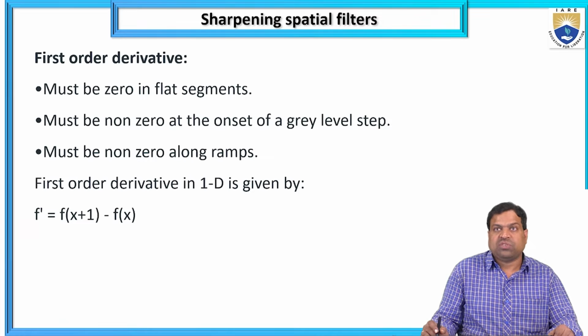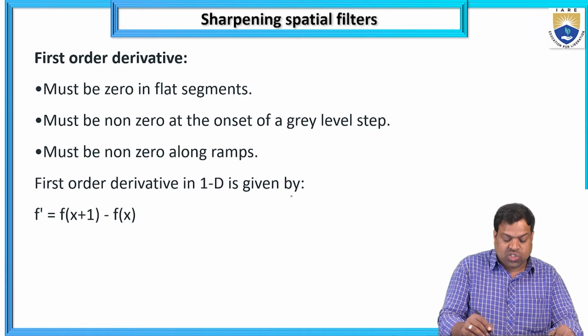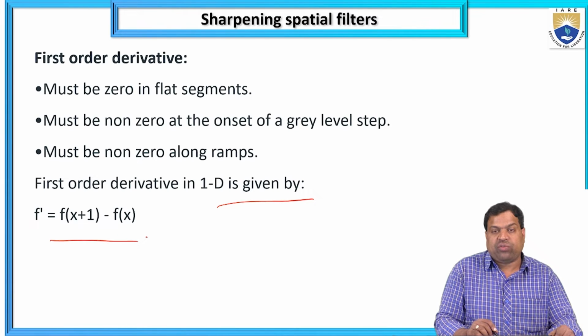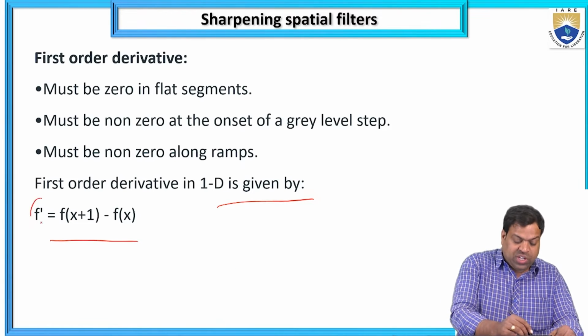So what is the first order derivative? It must be zero in flat segments, must be non-zero at the onset of a gray level step, and must be non-zero along ramps. The first order derivative in 1D is given by f dash equal to f of x plus 1 minus f of x. That is the equation for the first derivative.